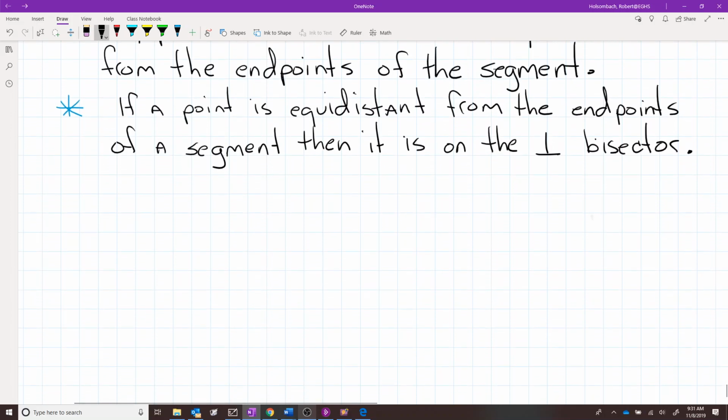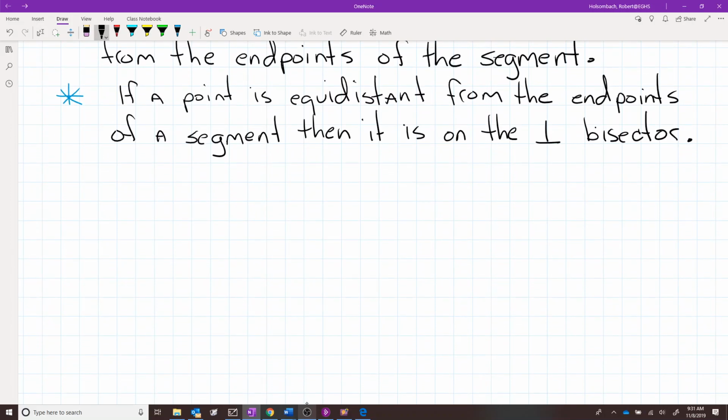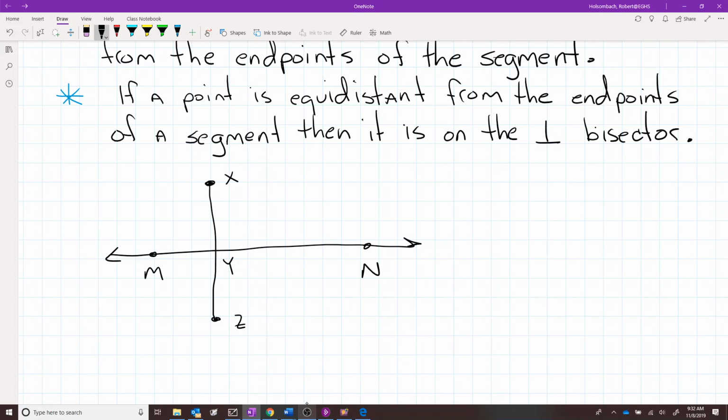Okay, so here's what you have to understand about the converse of this statement. If you're given this picture, and you've got X, Y, and Z, and on this horizontal line you've got M and N. Now if you take a segment and you draw it from X to N and from N to Z, if X to N is congruent to N to Z, that means you've got a point that's the same distance from the endpoints of a segment.